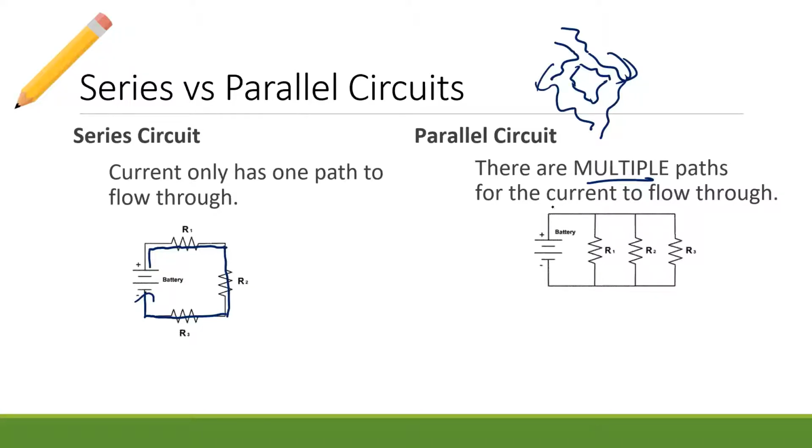So if you imagine the current comes out and it gets here, and it has to make a choice. Do I want to go down, or do I want to go to the right? Some electrons will go down. Some electrons will go to the right, and they might choose to go to the right again. Some electrons will go down. Some electrons will go around. But they will all combine to get back to the battery.